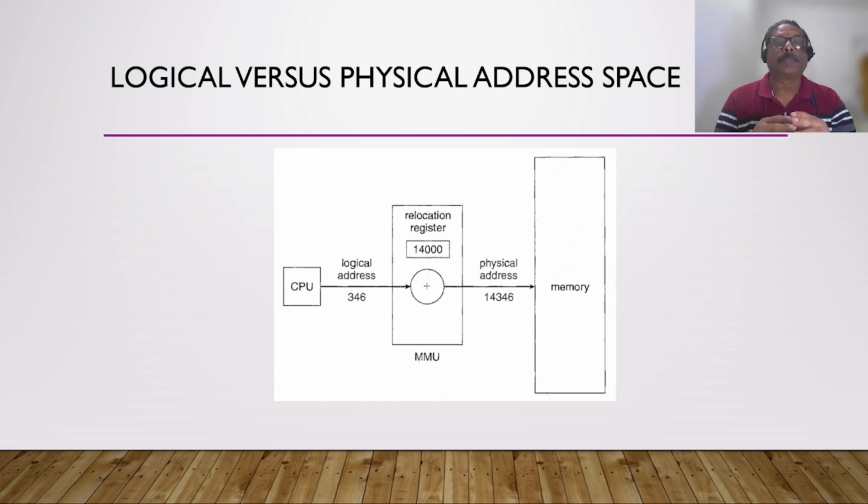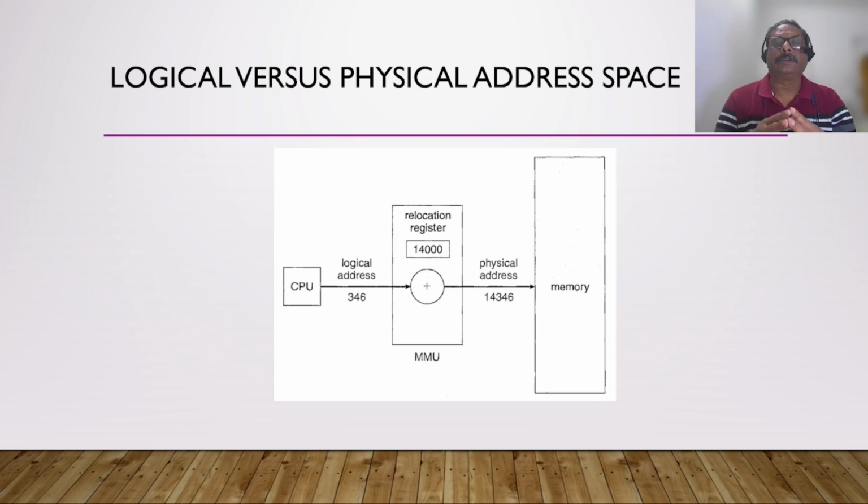logical address. So here the CPU will talk with respect to the logical address, and then the memory management unit is responsible to convert the logical address into the physical address where exactly we are referring to in the memory.